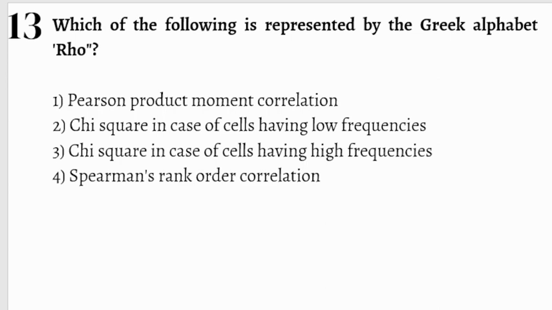So the question asks, which of the following is represented by Greek alphabet rho? Right. Pearson product moment correlation. No, we represent it with small r, correlation coefficient. Right. Chi-square, no, chi-square is represented like this, capital X. So here also they are talking about chi-square. And Spearman rank order, Spearman rho test, Spearman rho correlation, that's what we call it also. So fourth is our correct answer here.